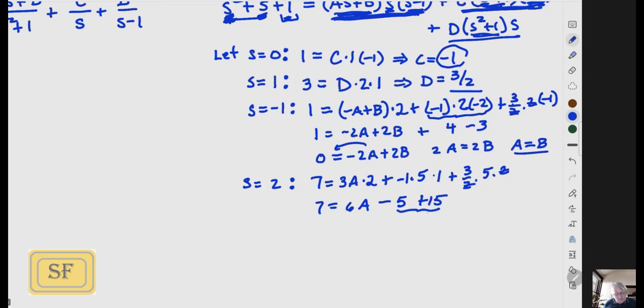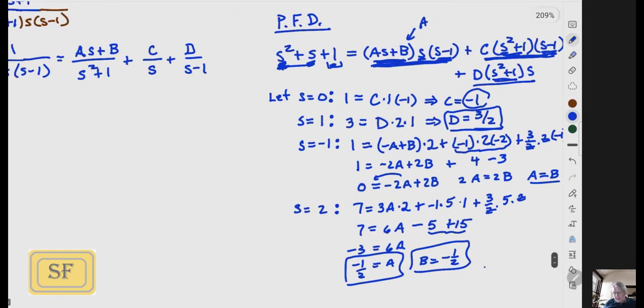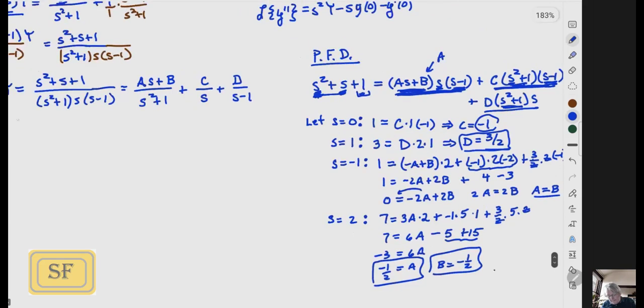So now I know A, B, C, and D, and I can come back up here. So let's see, A and B are both negative 1/2. So I'm going to bring that out to the front, negative 1/2 for A and B, and that's going to leave me with S plus 1 over S squared plus 1.